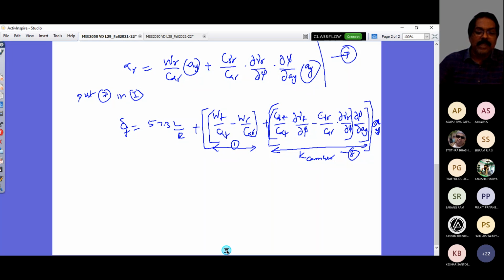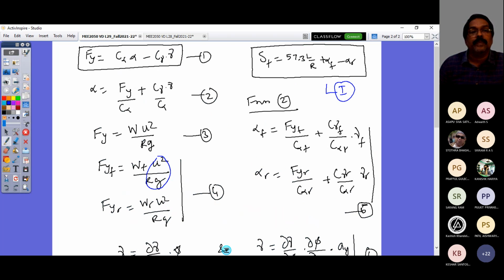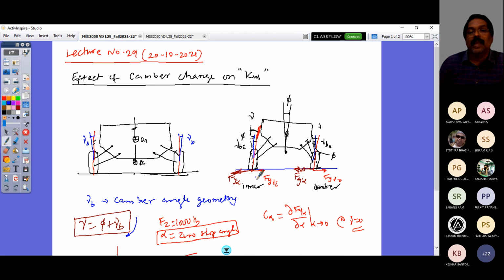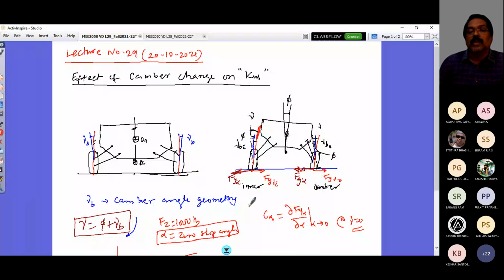The camber change comes both due to body roll as well as normal camber change during the roll of the axle. What will happen when you take a hard cornering? Let us look at this picture. The vehicle here, this is the inner and this is the outer. The inner wheel is under jounce and the outer is under rebound.